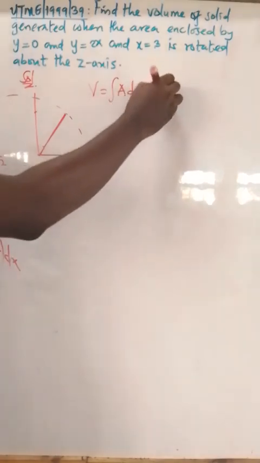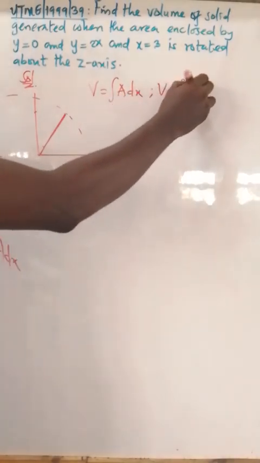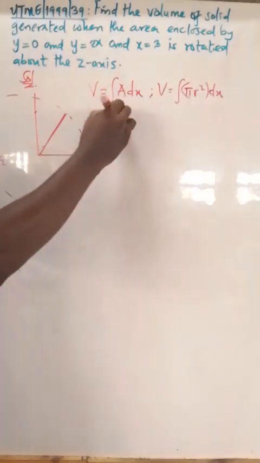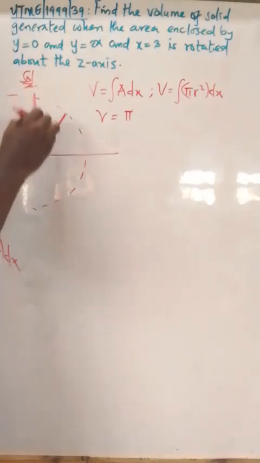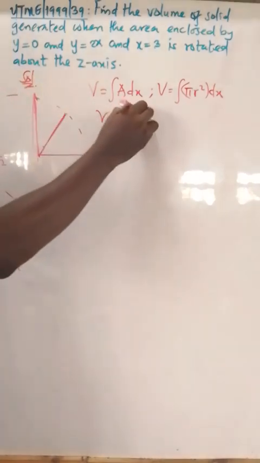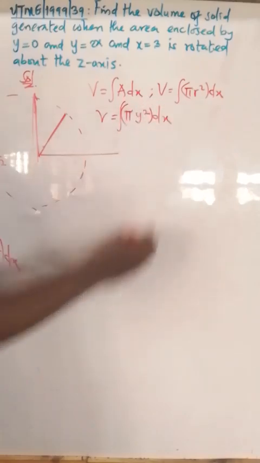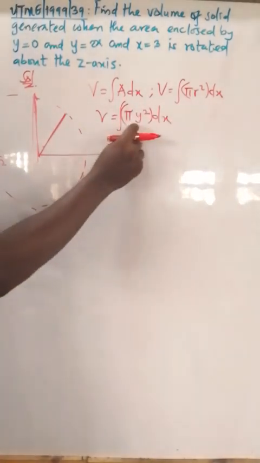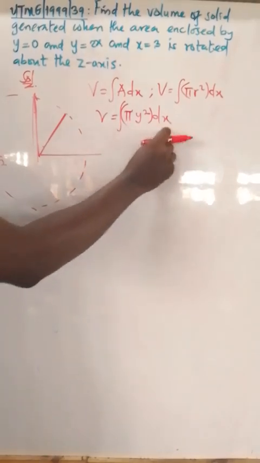And in this case, the area is the area of a circle, which is pi r squared dx. And in this case, the radius is along the y-axis. That's pi y squared dx. But the thing is, we cannot integrate y with relation to x. They must both be x or both be y.